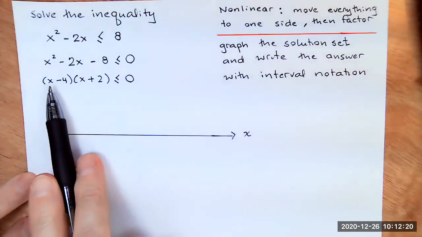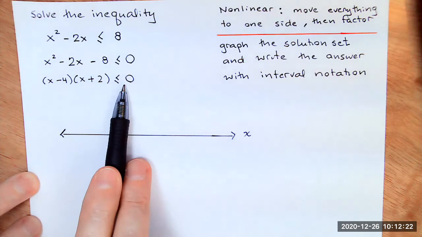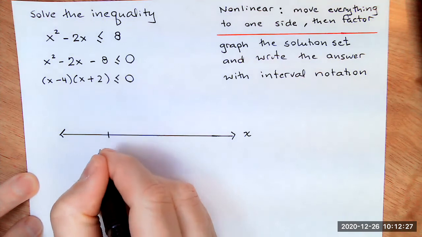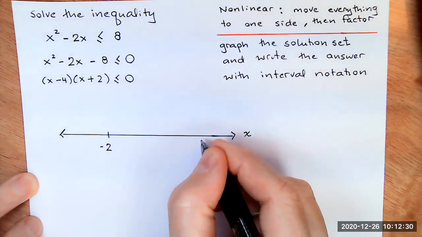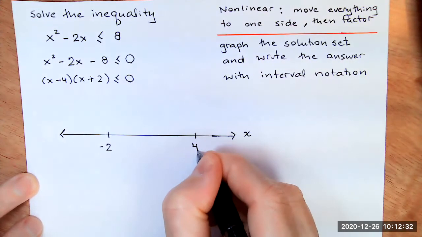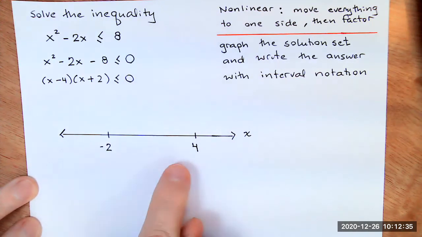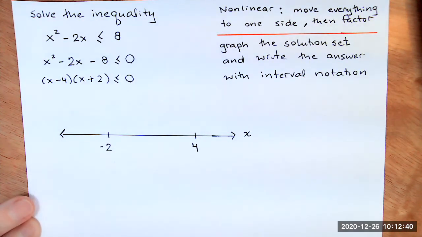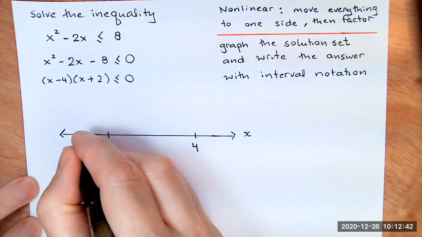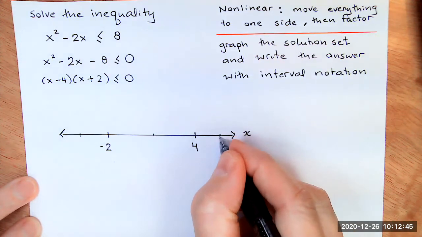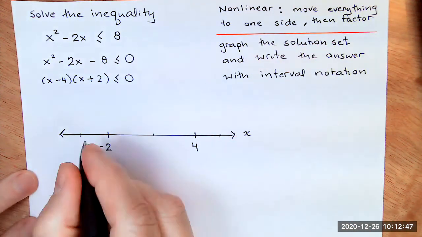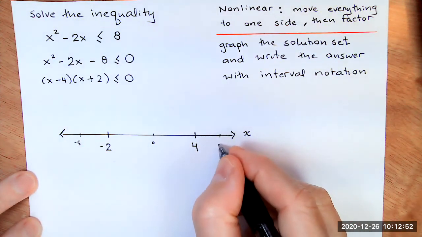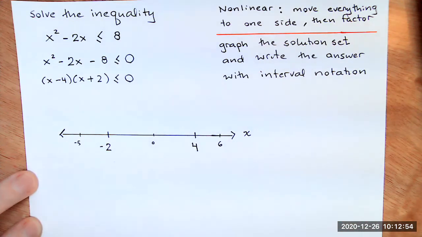So my boundary values are the values that make each factor equal to 0. So those are going to be -2 and +4. I have 2 boundary values, so it gives me 3 intervals to check. You can plug in any number in those. And I like to just do it in my head because we don't need the particular number.